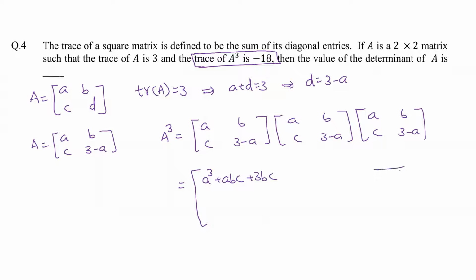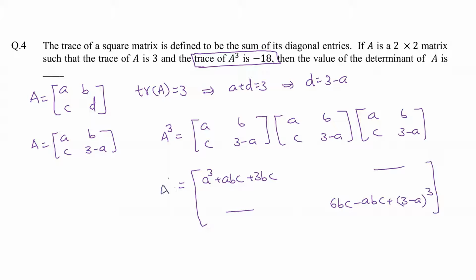The second element I'm not interested in, third element I'm not interested in, and the fourth element is going to come as 6BC minus ABC plus 3 minus A whole cube. So this is what we are going to get as the A cube matrix.